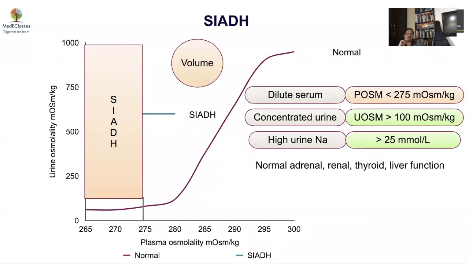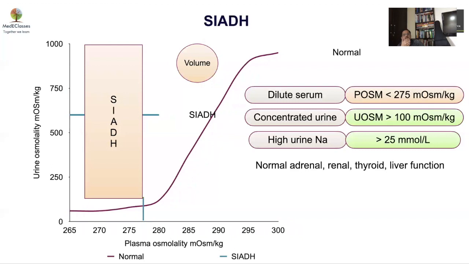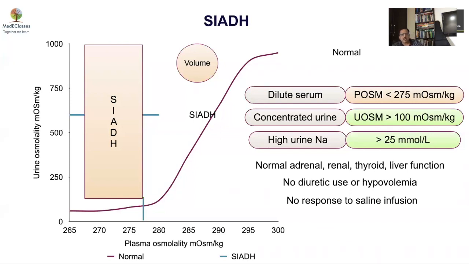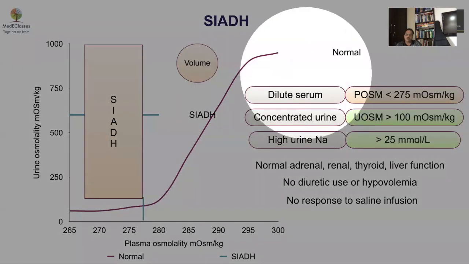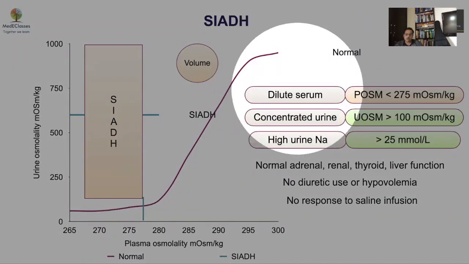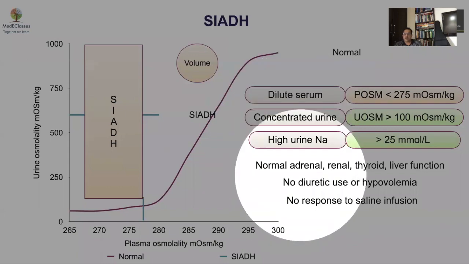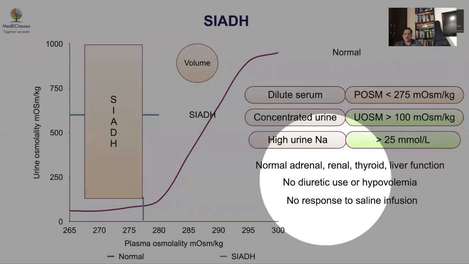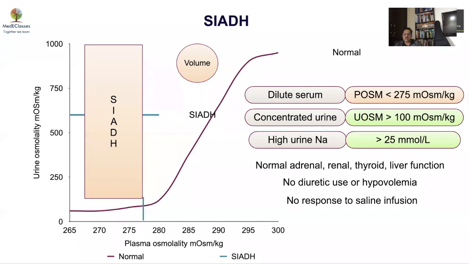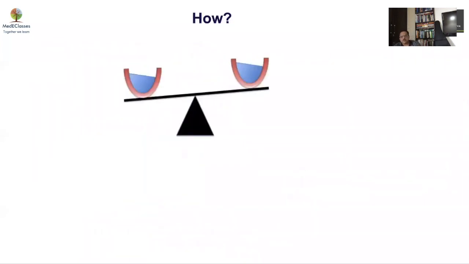Hypovolemia can also cause a shift in this curve, so we need to have a normal volume level and no diuretic use. And if you give saline, the sodium should actually be lost in the urine. So SIADH is dilute serum, concentrated urine, normal adrenal, renal, thyroid, liver function, no diuretic use. These are very strict criteria because it is otherwise a diagnosis of exclusion.